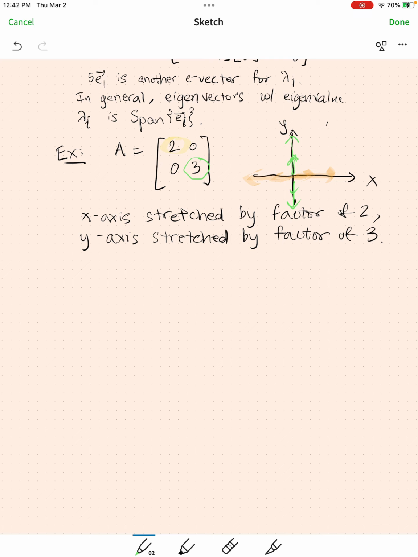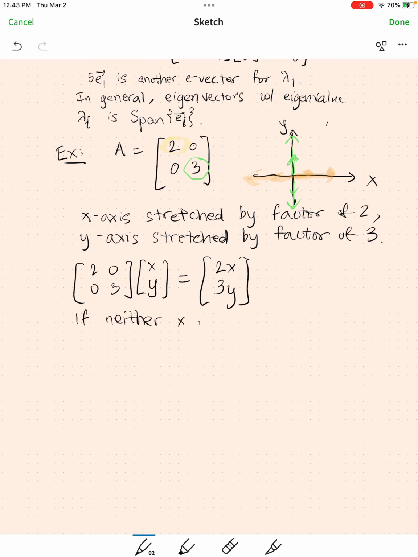What about something that's neither? Well, if I have the matrix 2, 0, 0, 3, and I multiply by (x, y), I get (2x, 3y). Now, if neither of these were 0, could (2x, 3y) be a scalar multiple of (x, y)?